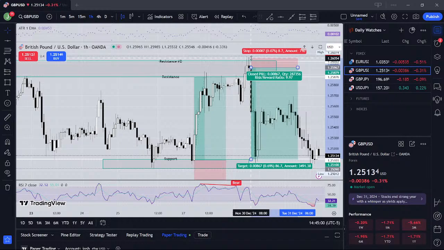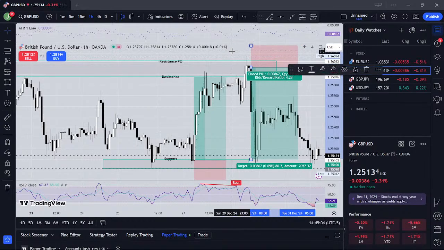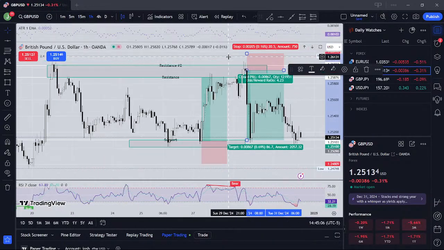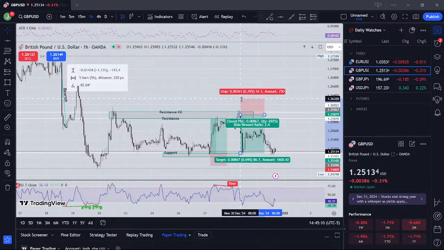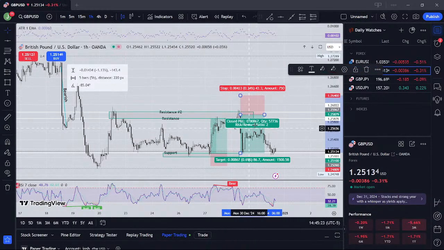So that's 48. I'll probably go here because I like my risk reward to be two.